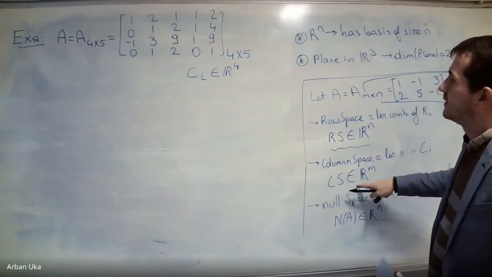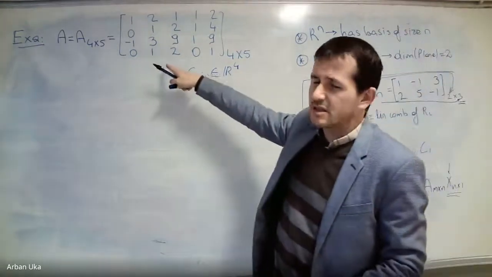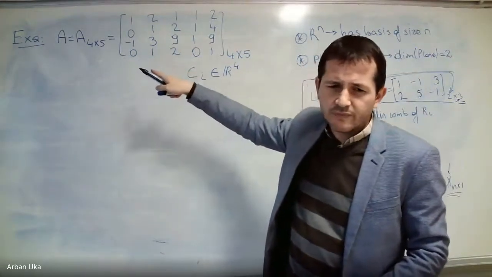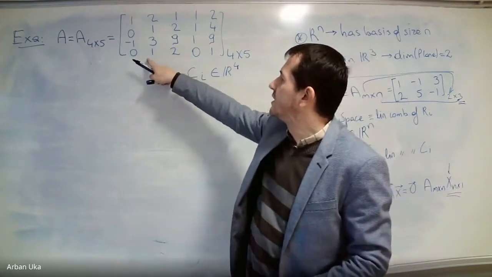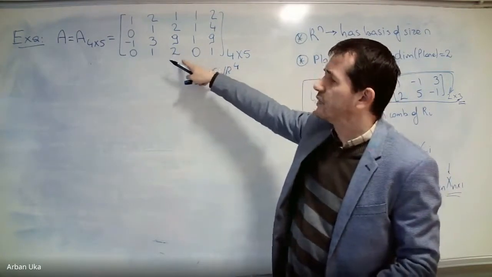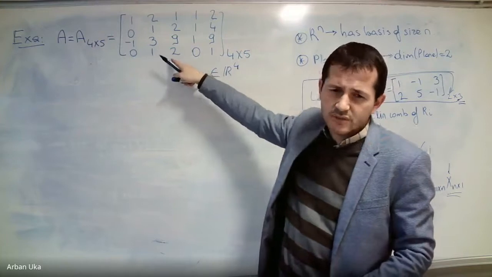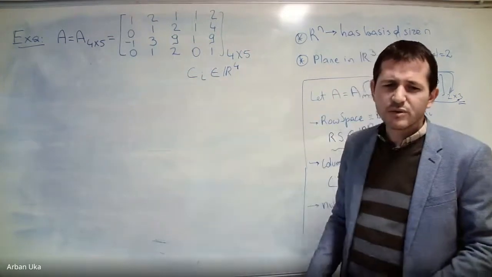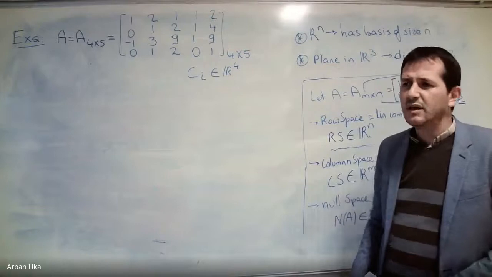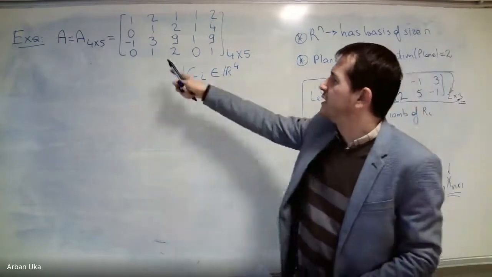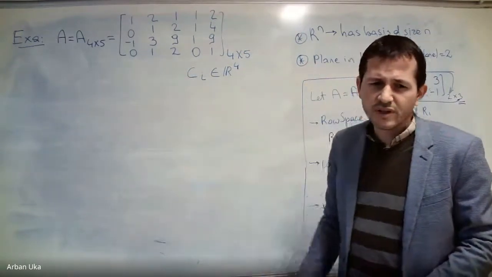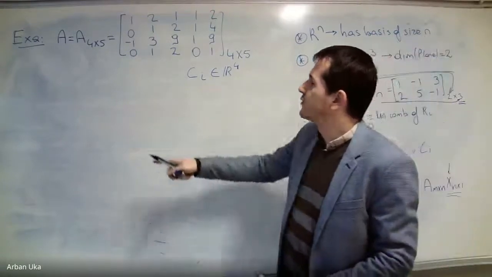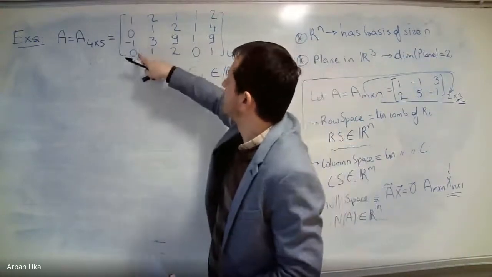What is the dimension of the column space? The dimension of the column space could even be 2. If we have only 2 linearly independent columns, then the dimension of the column space is going to be 2. If we have 3 linearly independent columns, the dimension is going to be 3. Or, imagine for a moment, we have here 1, 0, minus 1, 0.